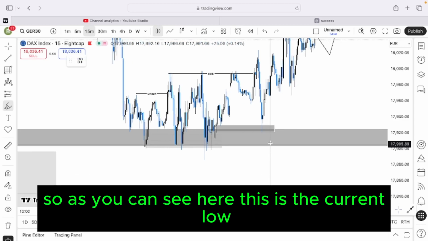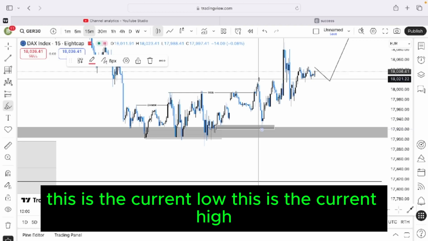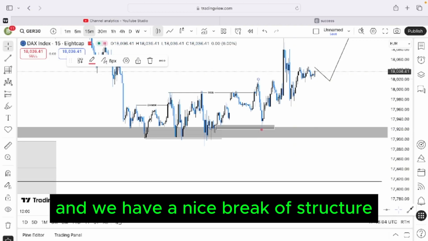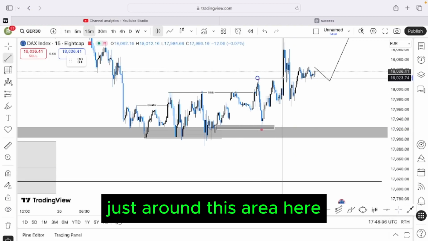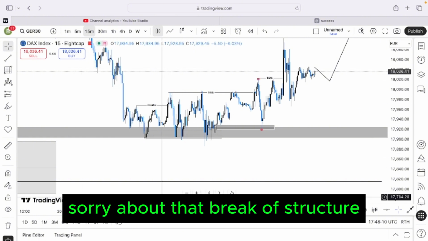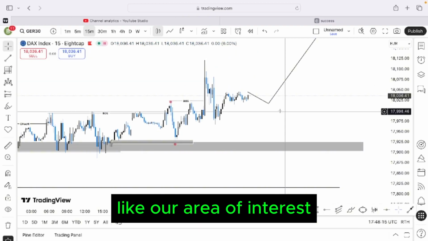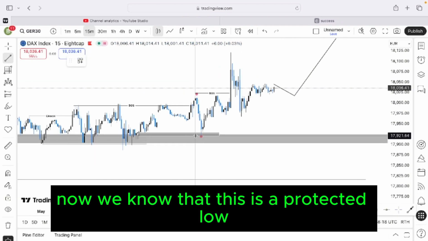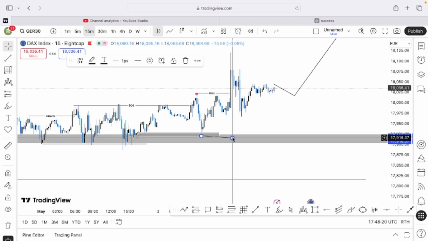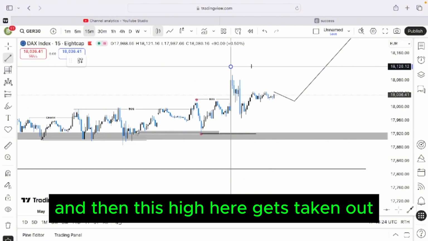So as you can see here, this is the current low, this is the current low, this is the current high, and we have a nice break of structure just around this area here. So about that break of structure, and we have to zoom out so that we can figure out our area of interest. Now we know that this is our protected low just around this point, and then this high here gets taken out.